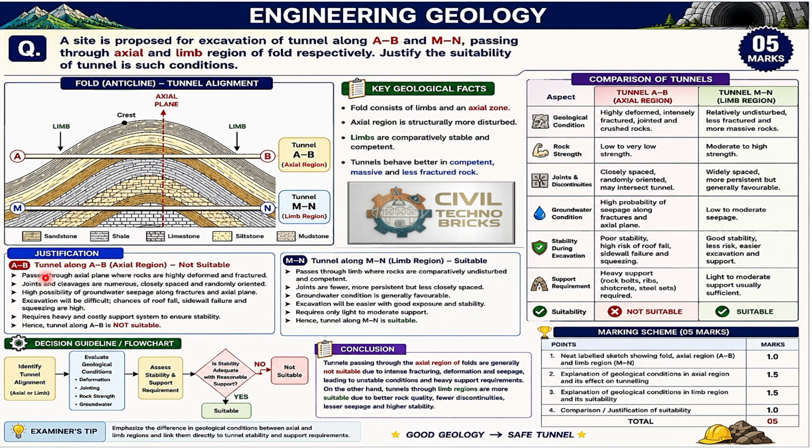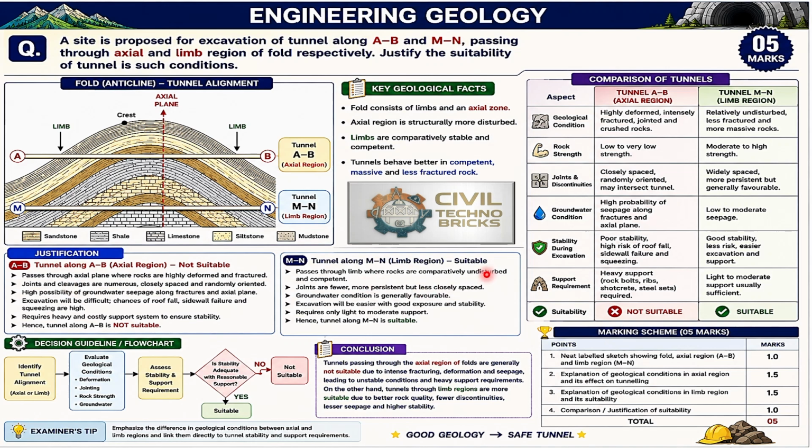On the other hand, if we go through the AB alignment, it passes through the axial plane where rocks are highly deformed and fractured, so the stability is not as much as required. Joints and cleavages are numerous and closely spaced, with high possibility of groundwater seepage along the fracture and axial plane. Due to that, we can't go through that AB region.